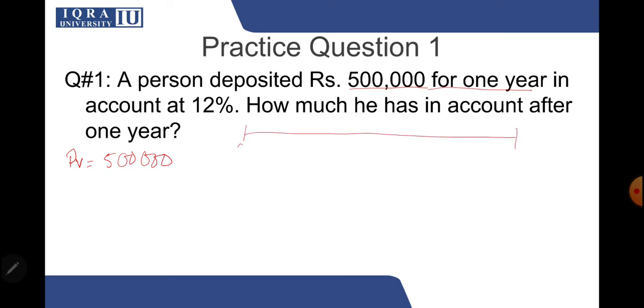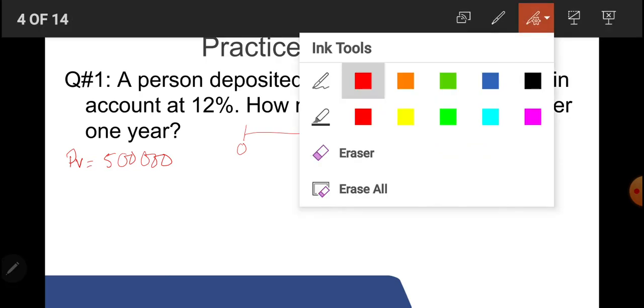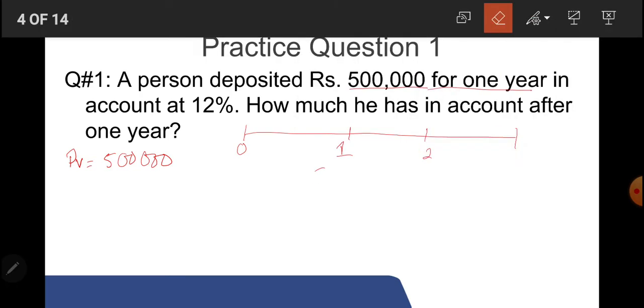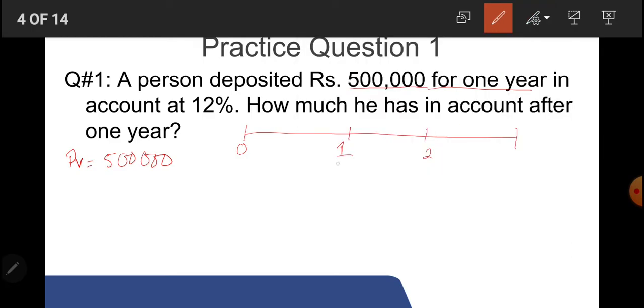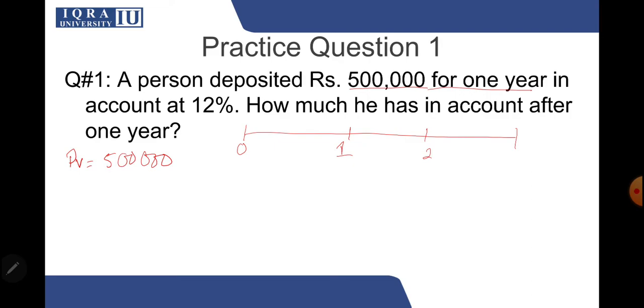So your timeline is: you are going to deposit 500,000 right now, and you want to know what the future value will be 1 year later.